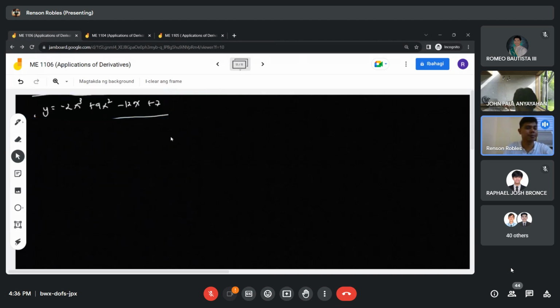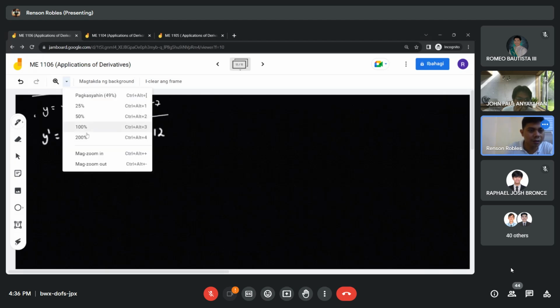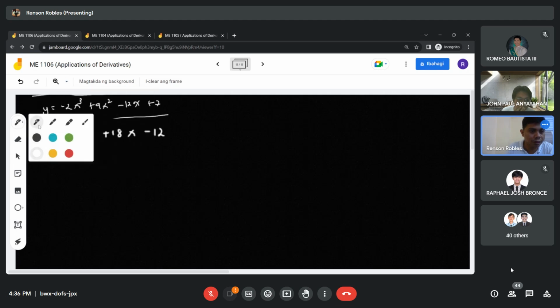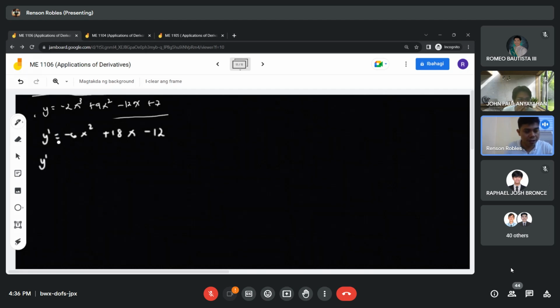You have y prime equals negative 6x squared plus 18x minus 12. At ang laki. And then y prime, let that become 0. Hindi, y double prime na lang.